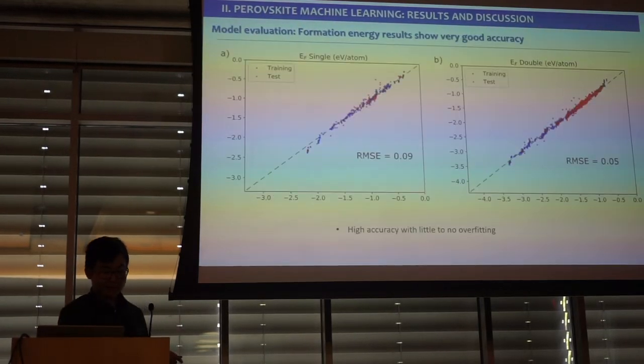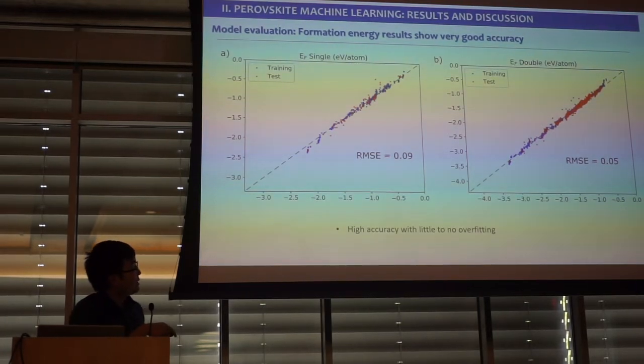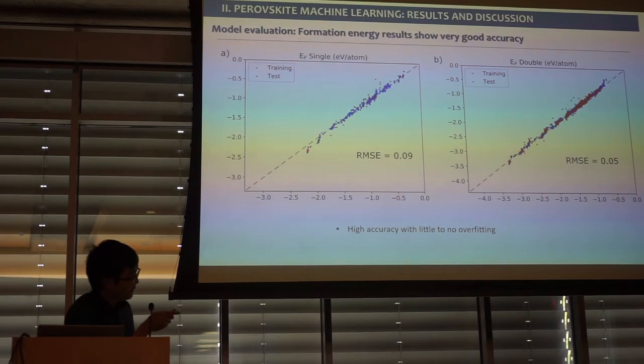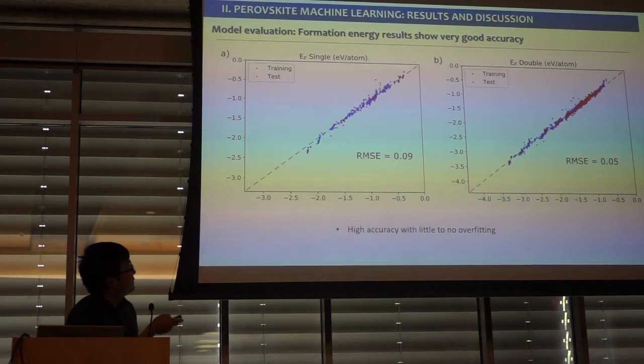From these results, we can get a very good model with very accurate predictions. We have a very low root mean squared error, less than 0.1. In these plots, we have the real values plotted against the predicted values. In the best case scenario, all the points would lie on that dotted line up there, but typically we'll see a little bit of deviation.